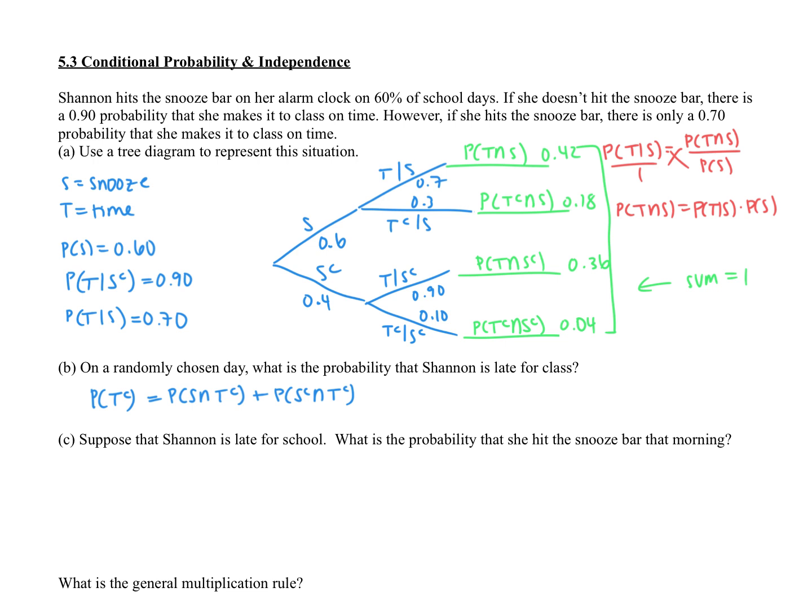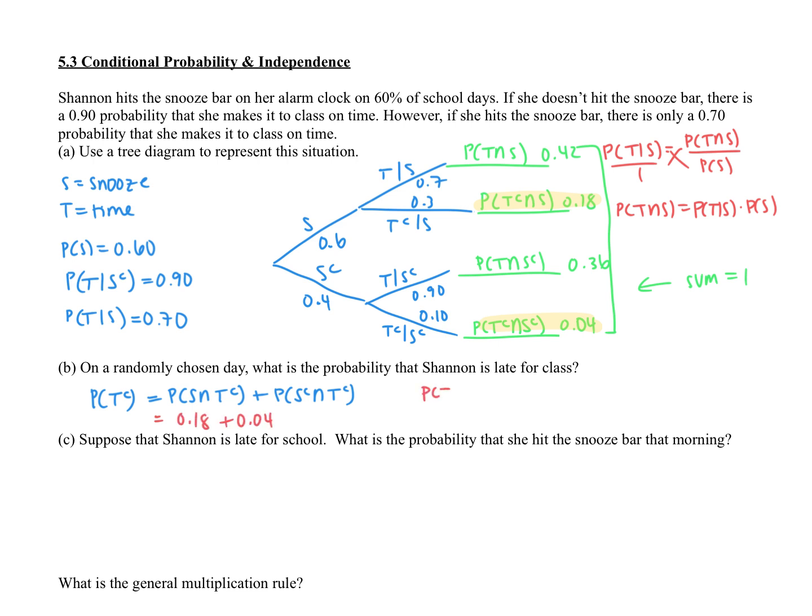So this is our full tree. So now when we want S and T complement and S complement and T complement, those just come directly from the tree. So S and T complement, that's this one right here. And then T complement and S complement is right here. So then we say, okay, I'm adding up the 0.18 and the 0.04.